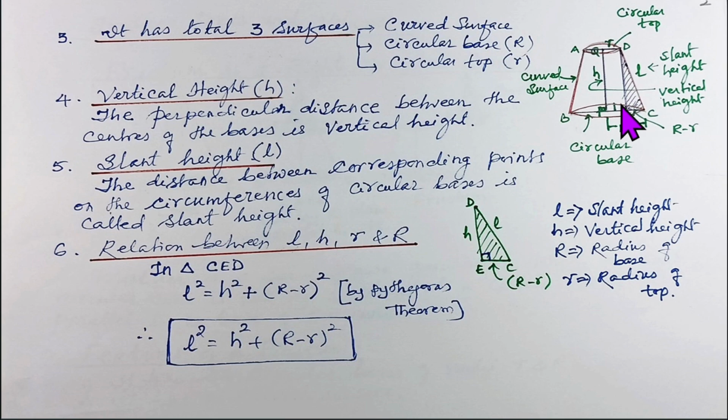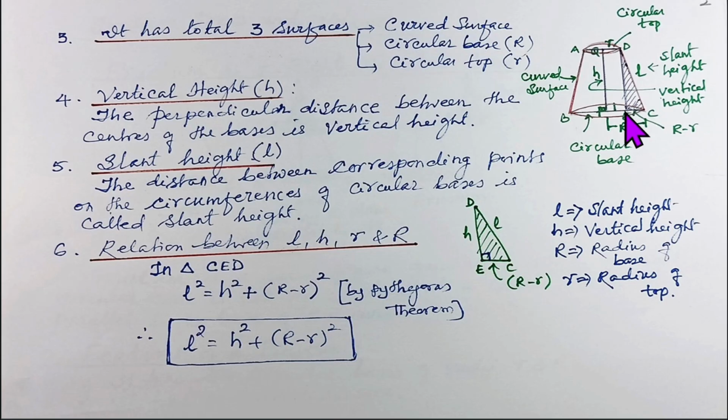Now if you take this triangle here, this is the triangle DEC. l is the slant height, EC is R minus r, because the bottom circular base is having capital R radius, and this is small r. So EC will be R minus r, and the height DE is h. The same triangle I have taken here. So DE is h, DC is l, and EC is R minus r.